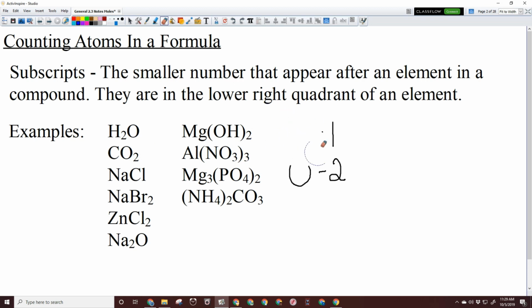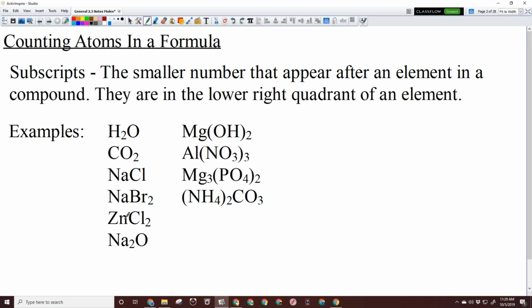All right, so in NaCl, what do we have? We have 1 sodium and we have 1 chlorine. Okay. All right, so you do NaBr2. Okay, so we have 1 sodium and 2 bromines.